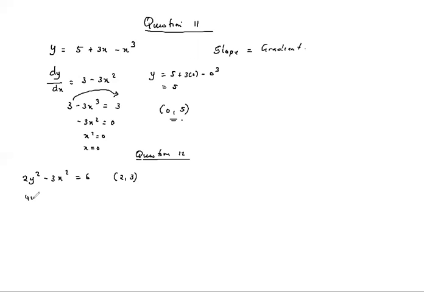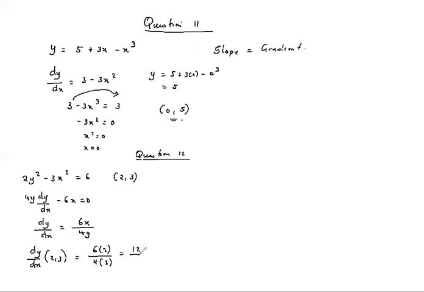So you get 4y dy dx minus 6x is 0. So I'm now solving for dy dx, which is 6x over 4y. Then we substitute the point (2, 3). So where there's x, we take 2, and where there's y, we take 3.